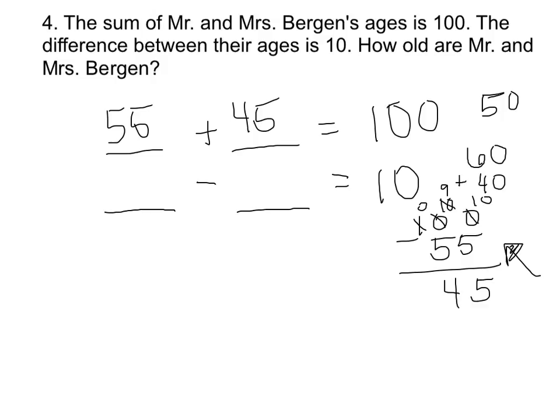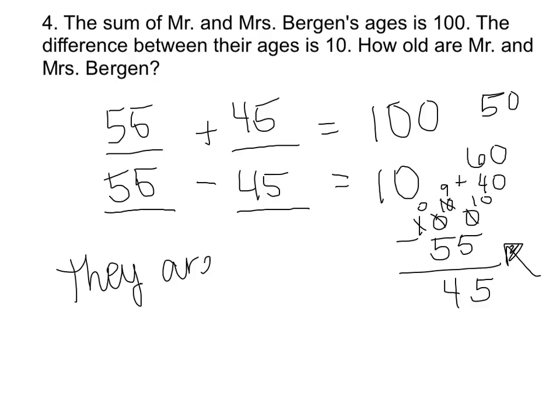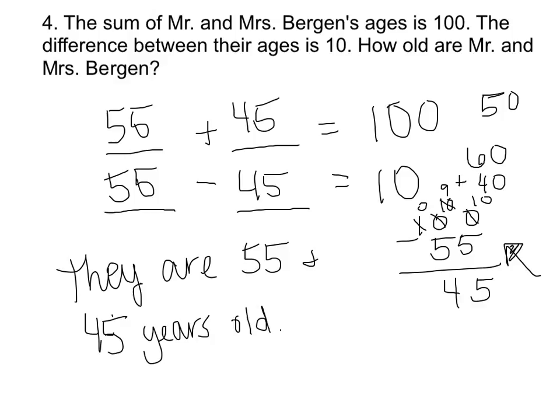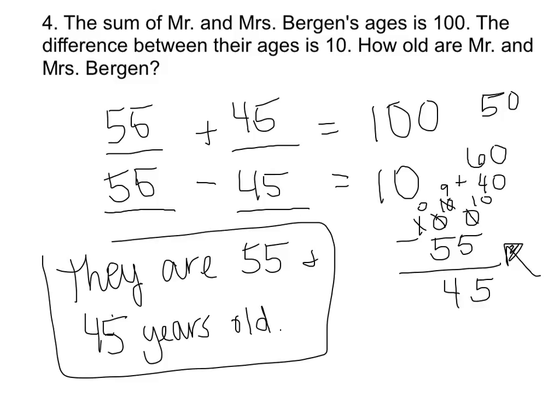Well, what about this? Is 55 minus 45 10? Yes, it is. So I would write they are 55 and 45 years old. That would be my answer right here.